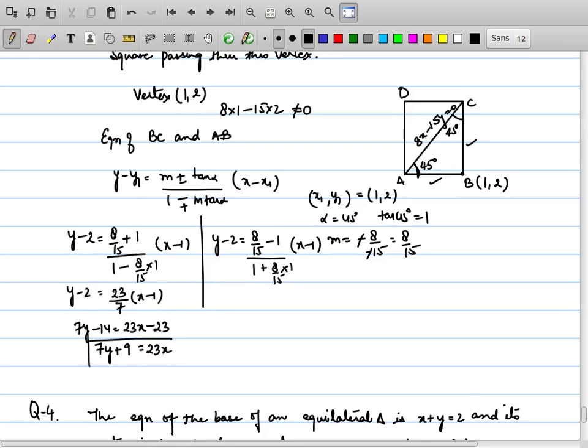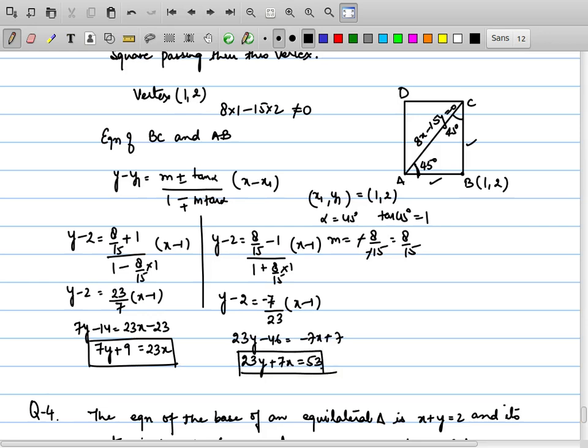This is the first equation. And if we solve the other one, y minus 2 equals 8 minus 15, which is minus 7, upon 15 plus 8, which is 23, 15 gets cancelled, times x minus 1. 23y minus 46 is equal to minus 7x plus 7. This gives us 23y plus 7x equals 53. This is your second equation.